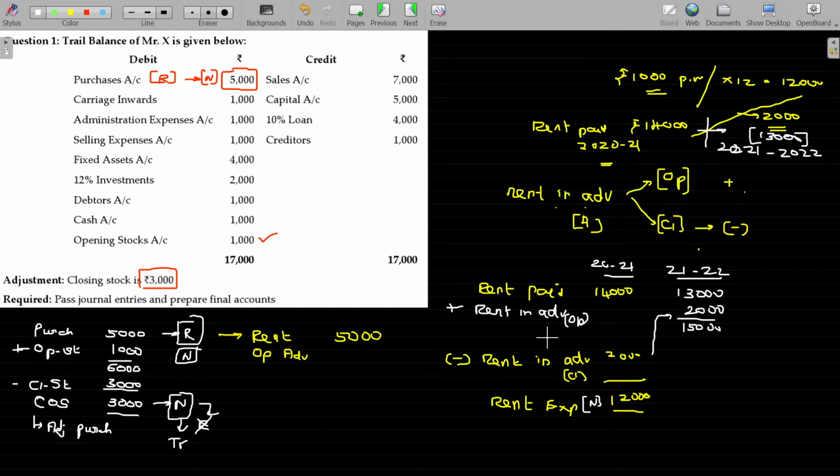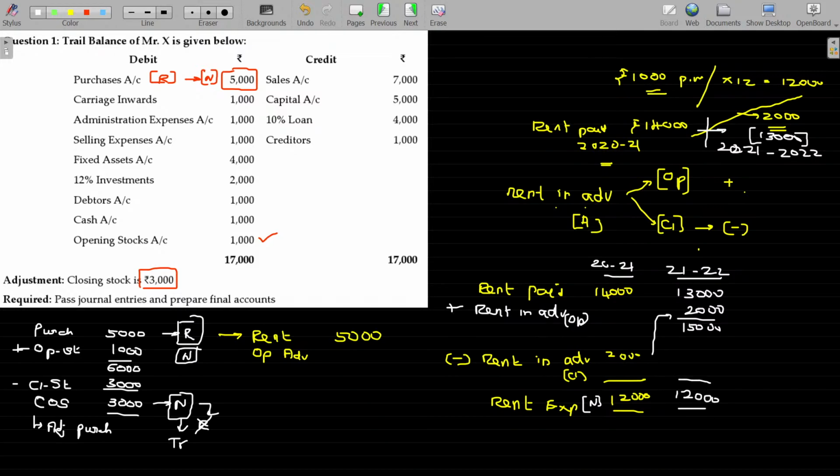You just interact with the owner: Sir, last year itself I paid 2,000 rupees in advance, right? So the balance should be only 10,000 now, but you asked so much. So 13,000 rupees is the amount paid in the current year. Previous year also another 2,000 was paid. So how much did I pay for this current year? 15,000 rupees. But we are sure that we have to pay only 12,000 rupees.